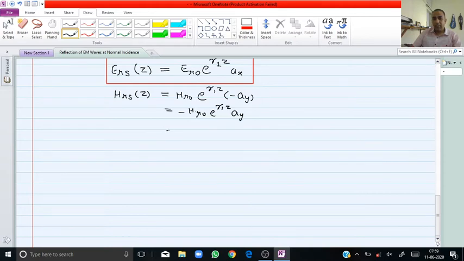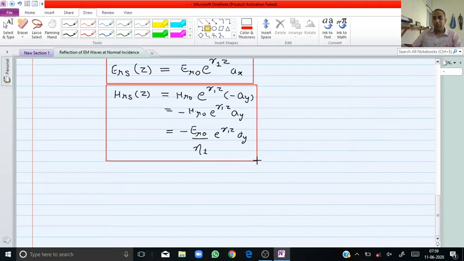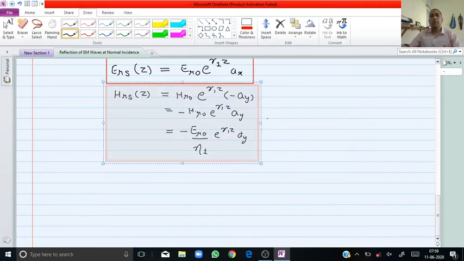If we replace it in terms of E, then minus ER naught divided by eta 1 e raised to power gamma 1 z ay. These are very important equations, so close them in a box.